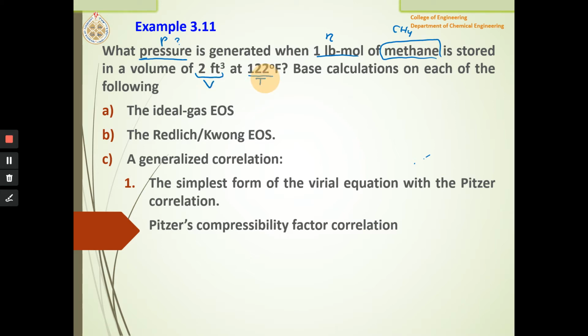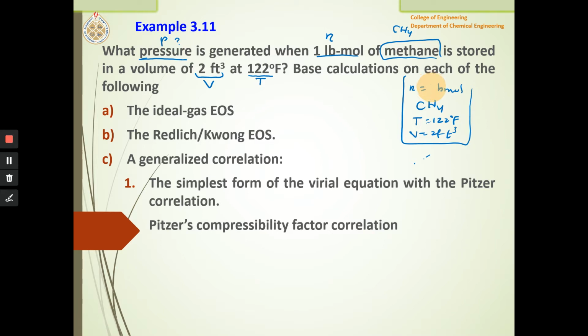So ideally, we have methane in a tank where the volume is 2 cubic feet, the temperature is 122 degrees F, and the methane is 1 pound mole. Okay?